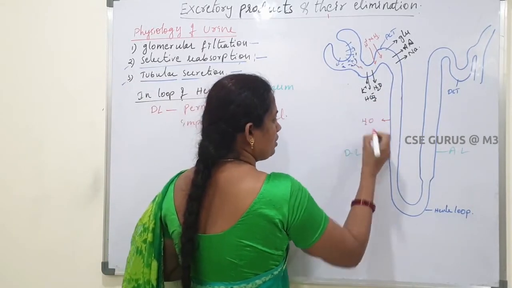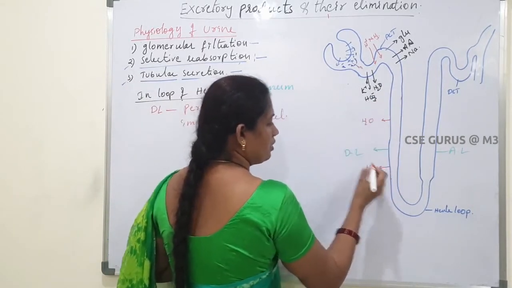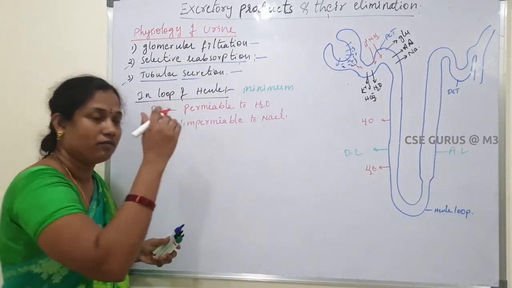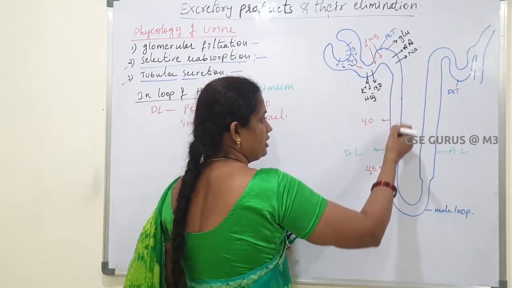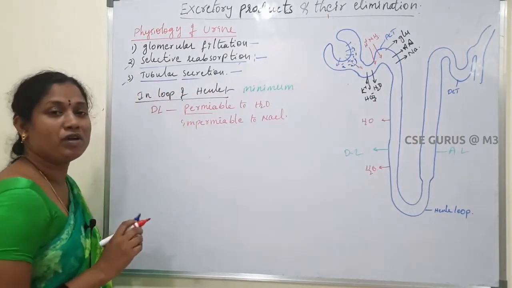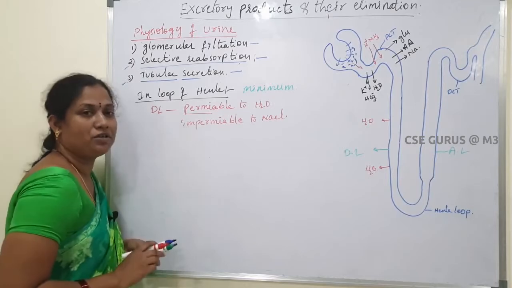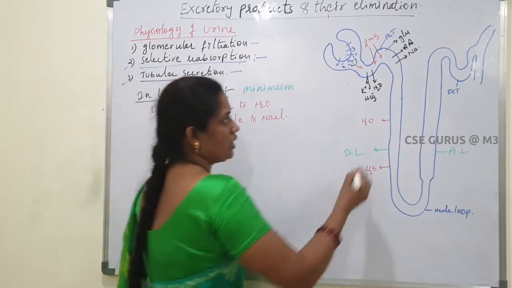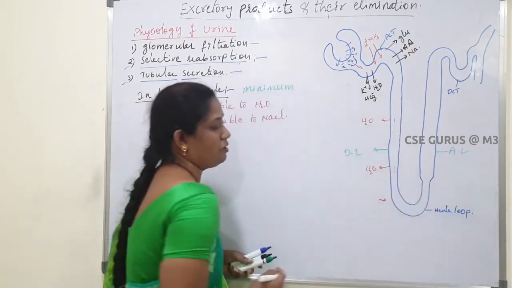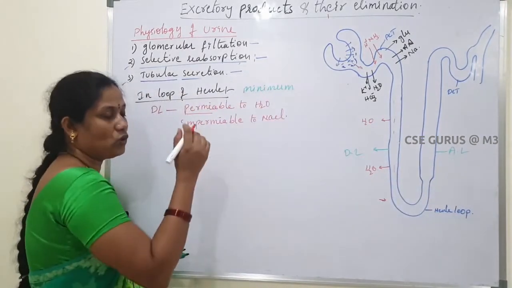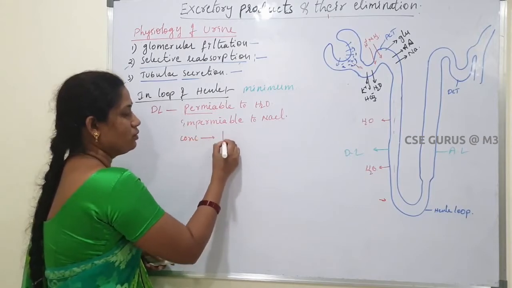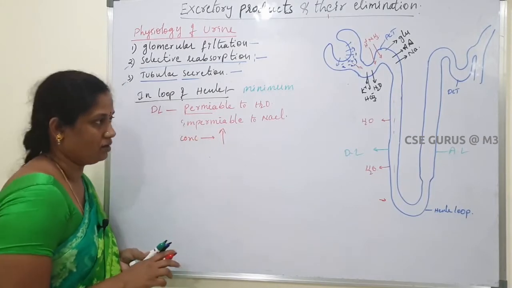Other salts and components are not absorbed here. So whenever the filtrate moves towards the tip of the loop of Henle, the concentration slowly increases.